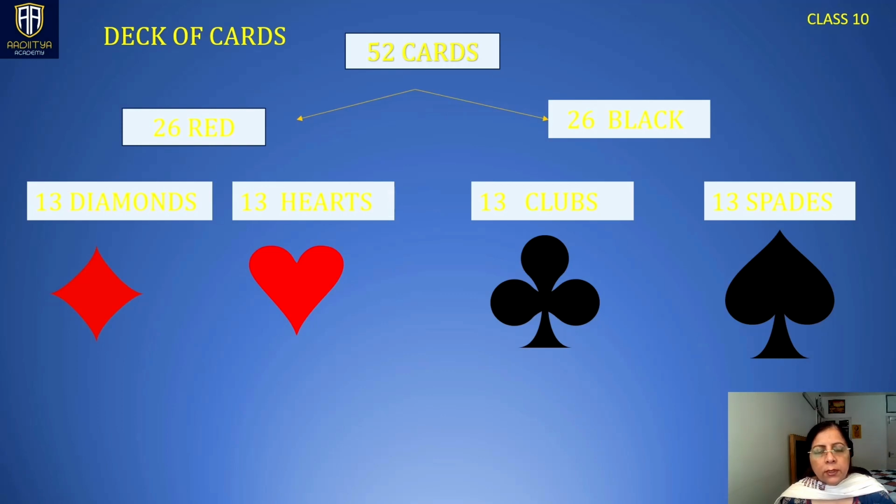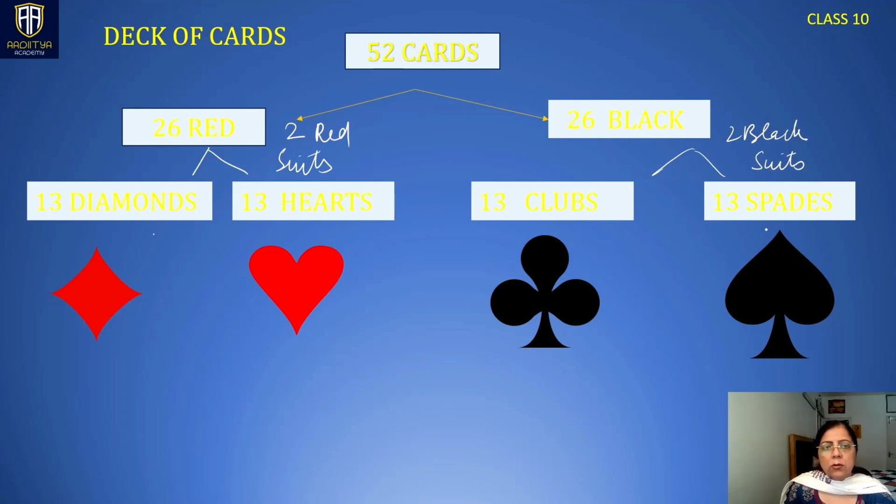Now further, red color has 2 different suits, which are diamonds and hearts. These are the shapes you must be aware of when you have seen the deck of cards. We have 13 diamonds, 13 hearts, 13 clubs and 13 spades. These are suits. We have 2 red suits and 2 black suits.